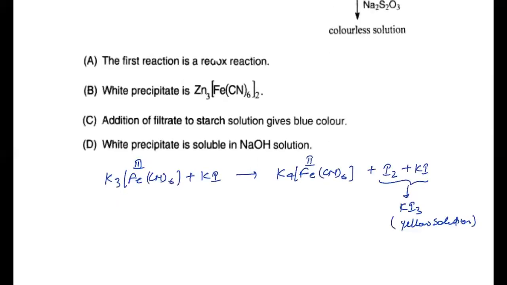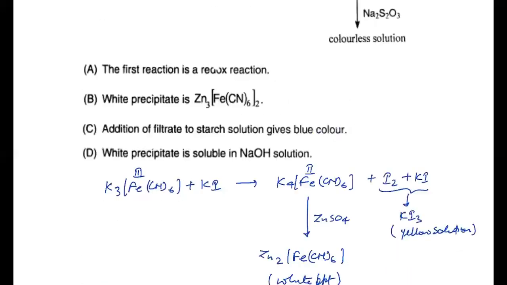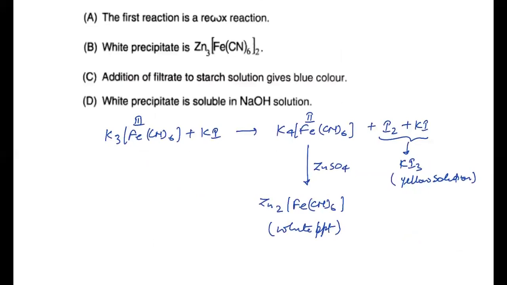Now when you treat it again with zinc sulfate, the zinc sulfate will react with this substance and form a white precipitate of zinc ferrocyanide, Zn2[Fe(CN)6]. This is the white precipitate actually. And the brownish yellow filtrate is for the same KI3.